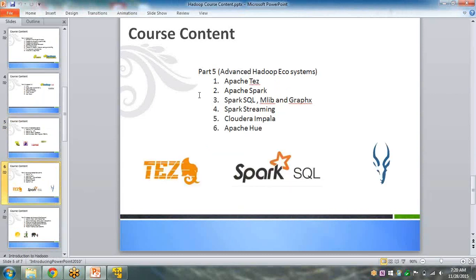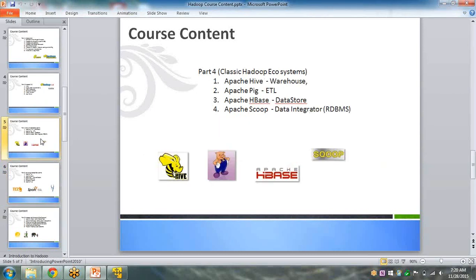The last part, part 5, would be the advanced one. The part 4 frameworks you have seen are the popular ones, but they too have their own challenges as more and more use cases fit into the Hadoop environment. The challenges are expanding, and the frameworks also need to evolve. Some fundamental principles have emerged as a blockade for these frameworks, like latency, because all the frameworks leverage the MapReduce framework to do the processing.